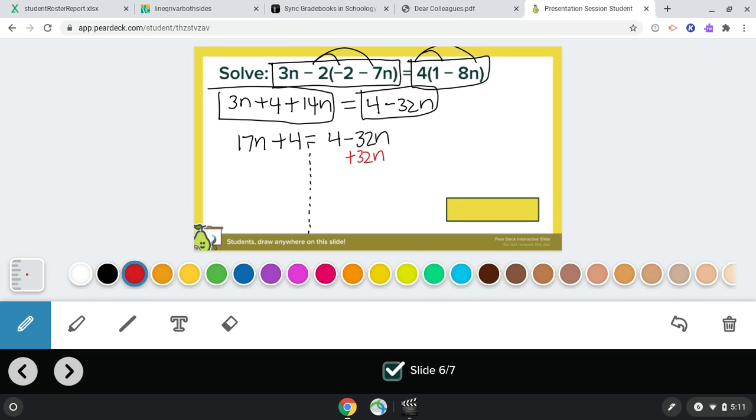Again, it doesn't matter. You could have subtracted 17n on both sides. That's fine too. You'll still get the same answer.